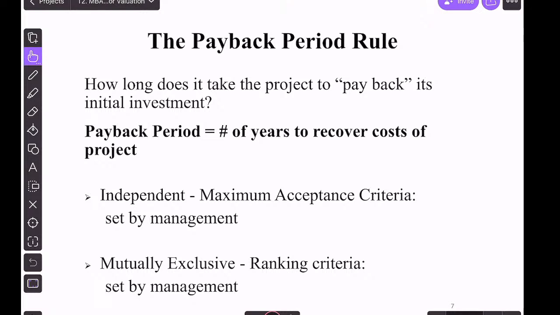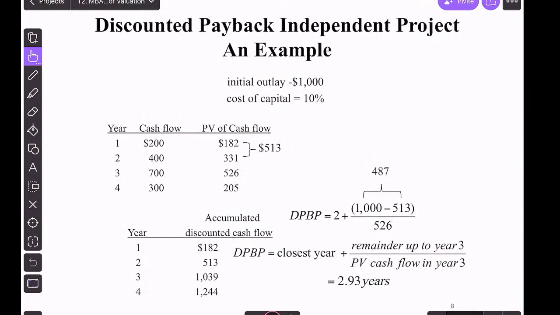So this approach does ignore time value of money, however. If you don't discount the future cash flows and you just add future cash flows together, you've neglected to consider timing, the time value of money.